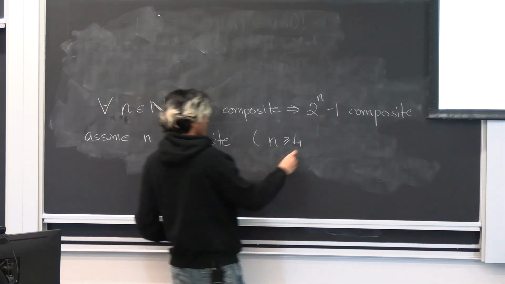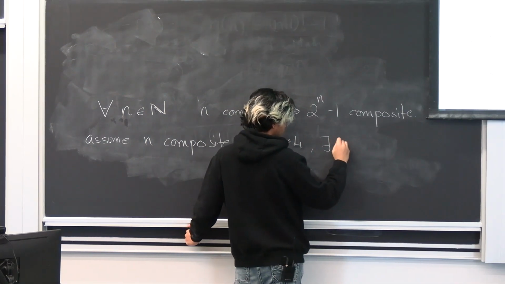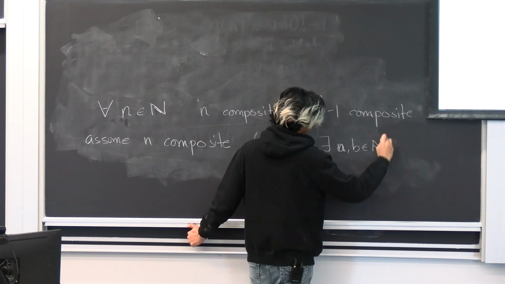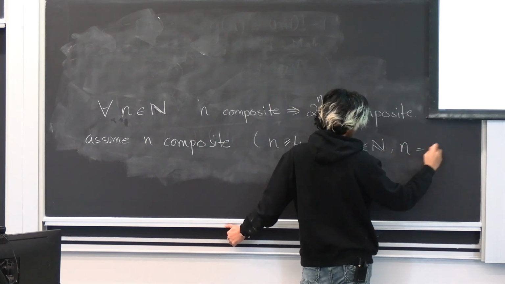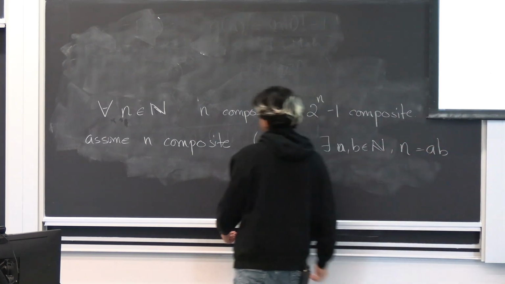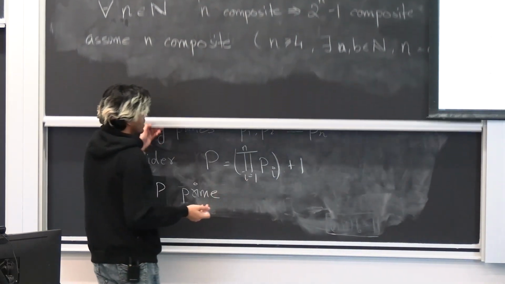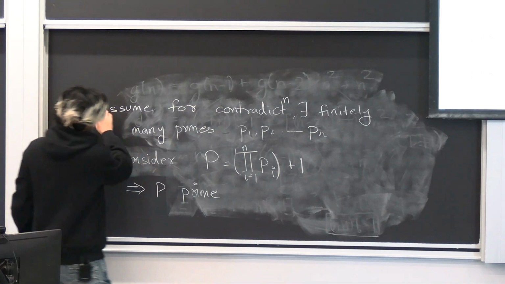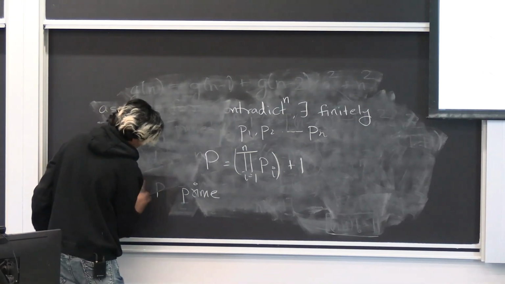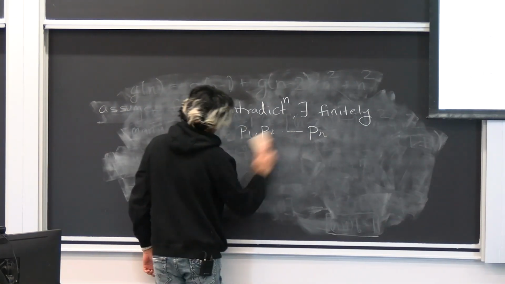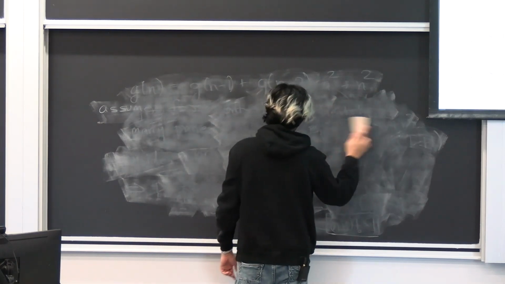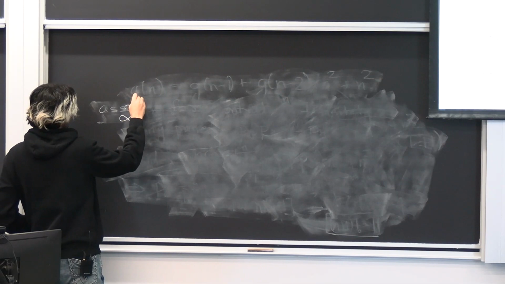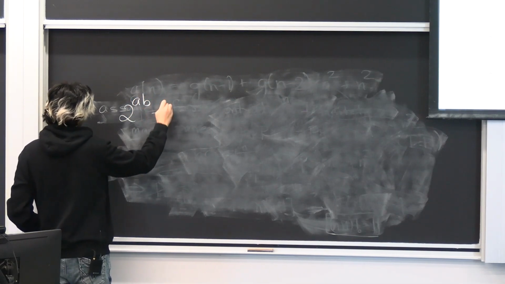So n is greater than or equal to 4, and there exist natural numbers a and b such that n is equal to the product ab. Now somehow we need to use this to show 2 to the power n minus 1 is composite. So 2 to the power n minus 1 is 2 to the power ab minus 1.